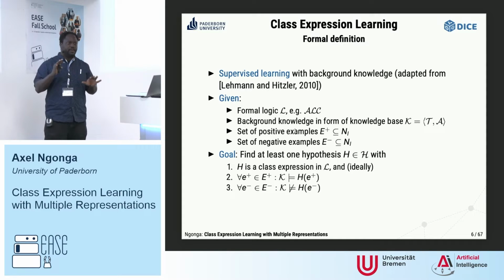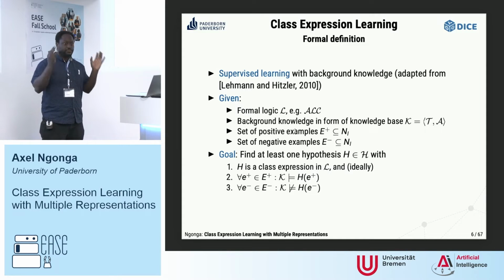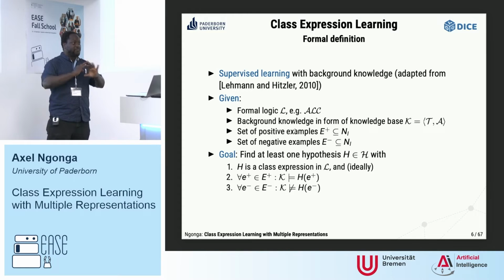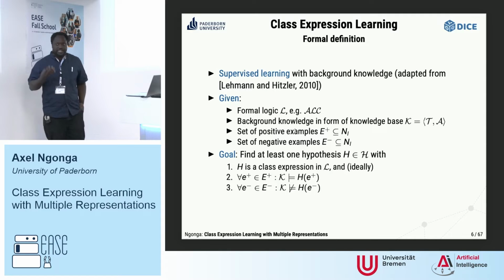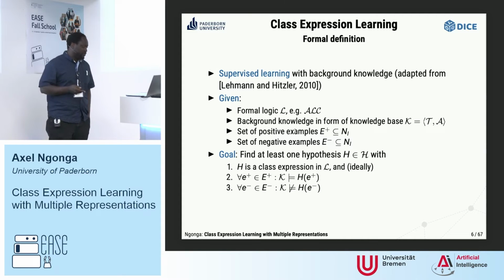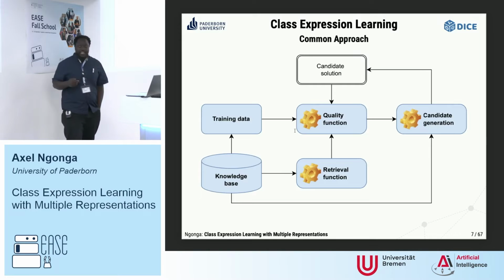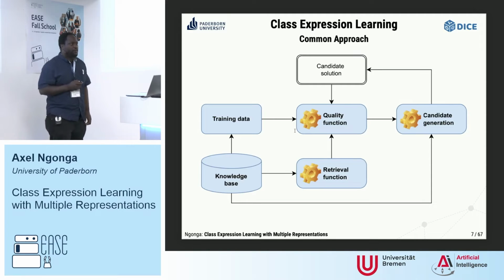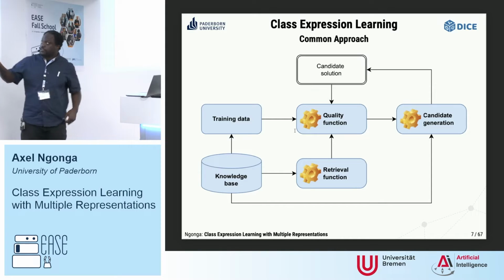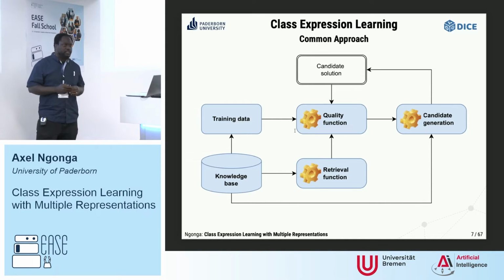In general, it is difficult to find exactly that, so we'll have to find a measure of the goodness of a class expression, and we're going to try to find a class expression which is as good as possible with respect to the problem we have. And this is really a sketch of how most class expression learning systems work. I just described that we have some form of training data, that's E plus and E minus, right?